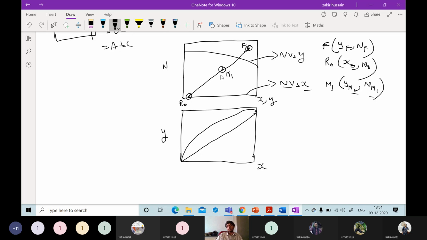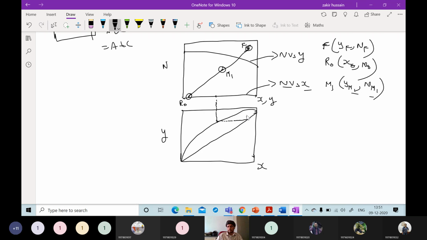Now the next step is to draw a tie line. The best clue for tie line drawing is, first just assume some value of x. If your value of x is here, then you have to project this value of x until the equilibrium curve. After touching the equilibrium curve, once again a horizontal line you have to project, until the diagonal, 45 degrees diagonal.